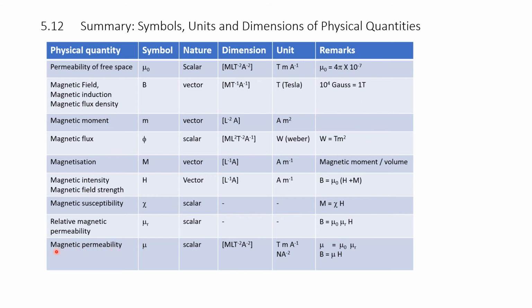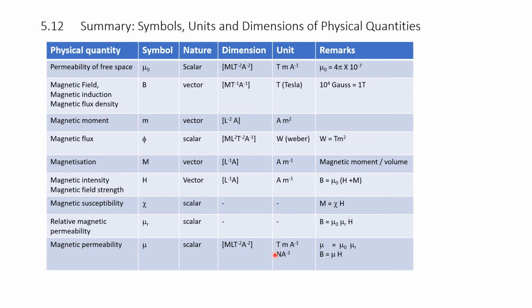Finally, we will see the magnetic permeability mu. Mu is a scalar quantity. Its dimensions are M L T to the power of minus 2 A to the power of minus 2. You see here, the magnetic permeability dimensions is same as permeability of free space.